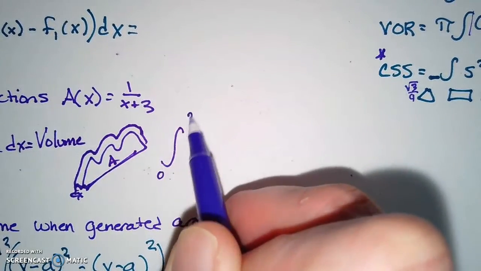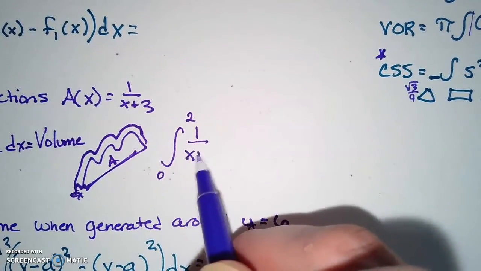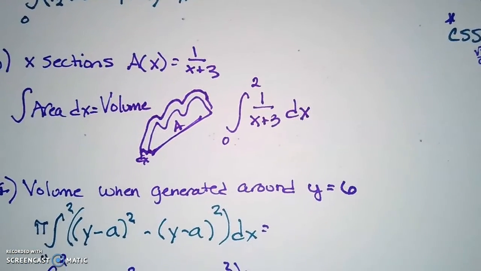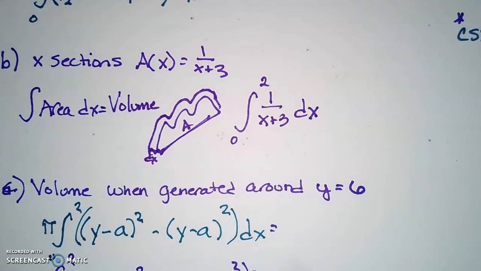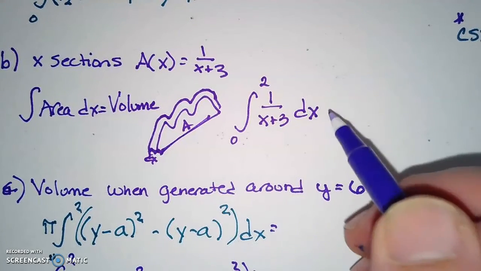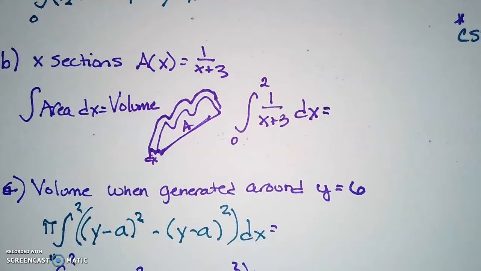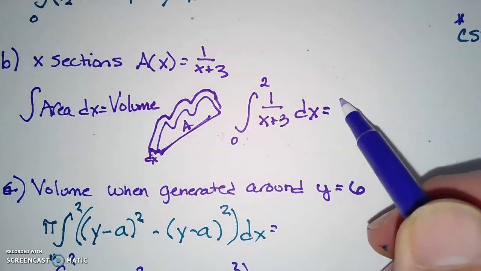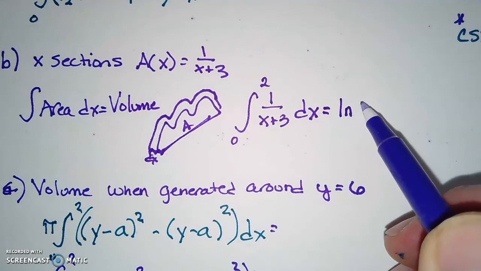So, although the problem seems weirdly worded, if I just integrate this curve from 0 to 2 of 1 over x plus 3 dx, that's going to find me the volume of the shape, because I'm integrating area. This is area times the thickness. It gives me that. So we can do that in the calculator. This one was a non-calculator question, so I'll just show you how it worked out. They wanted you to actually integrate this. The integral of 1 over something is the ln of the absolute value of that something.